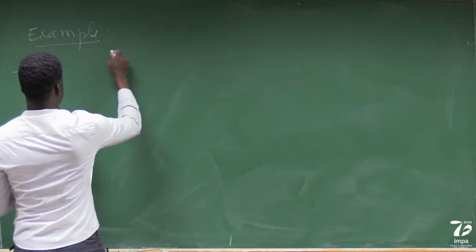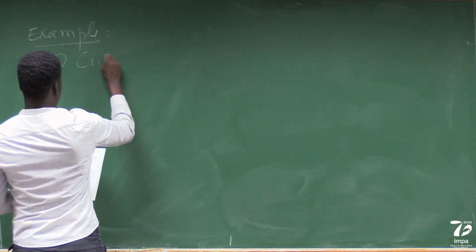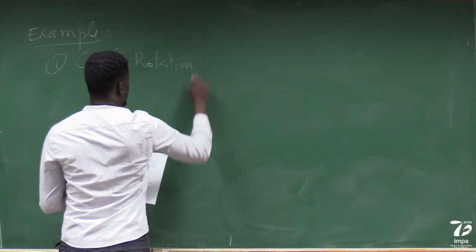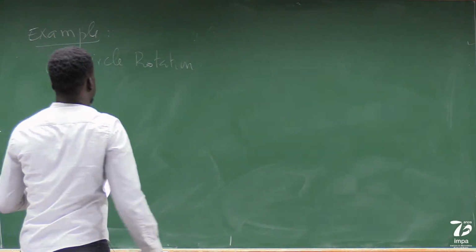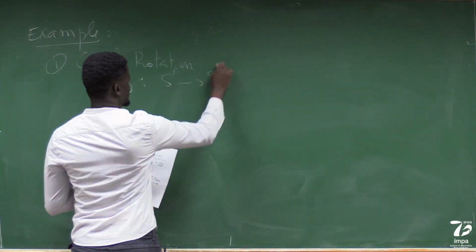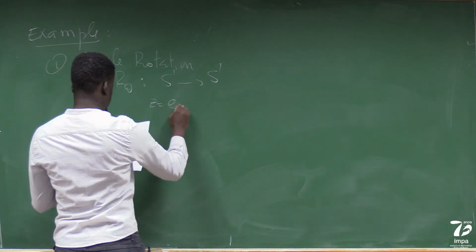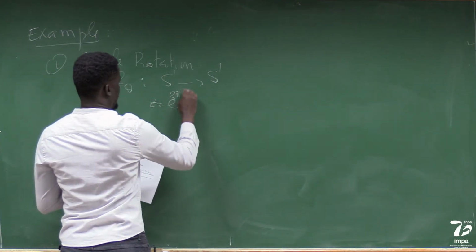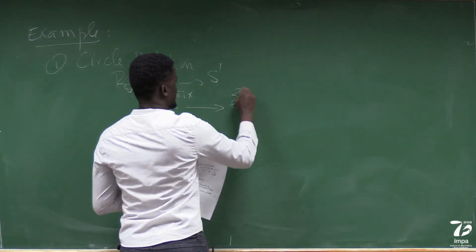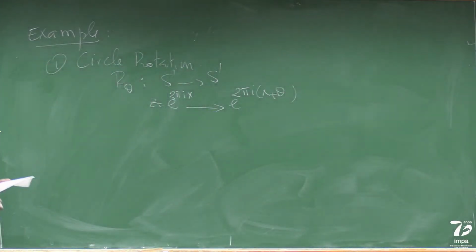The circle rotation is our first example. R_theta is defined from S^1 to S^1, which takes z, which is e^{2 pi i x}, and gives e^{2 pi i (x plus theta)}. You just rotate by theta.